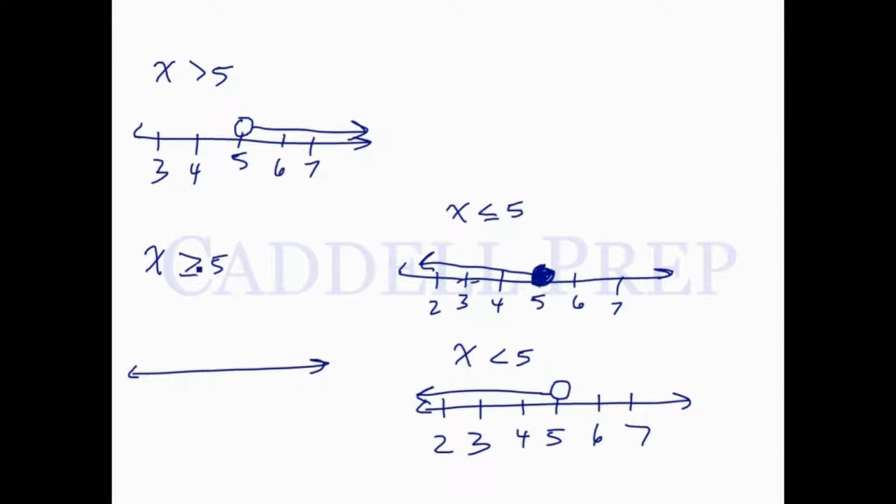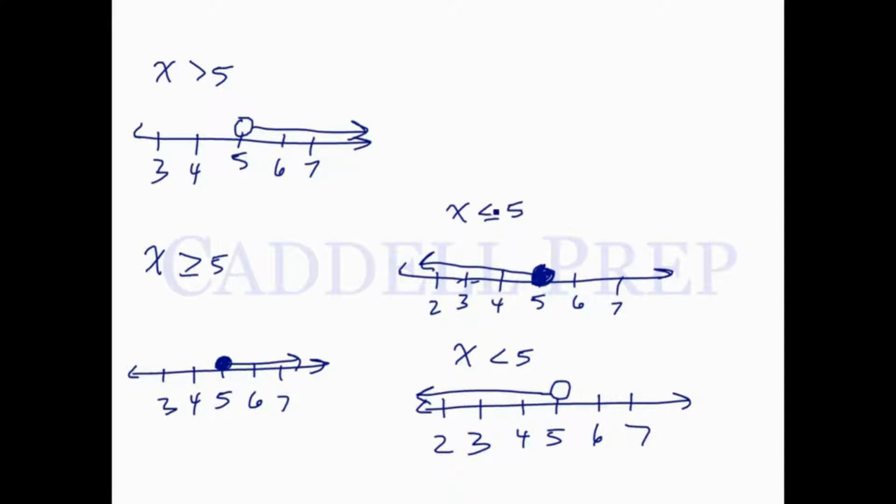If we have x is greater than or equal to 5, then let's take a look at that graph. Then it's going to be including 5 because it can equal it, and it's everything bigger. So when this line is under it, it means that it can also equal it. So x is less than or equal to 5, x is greater than or equal to 5.